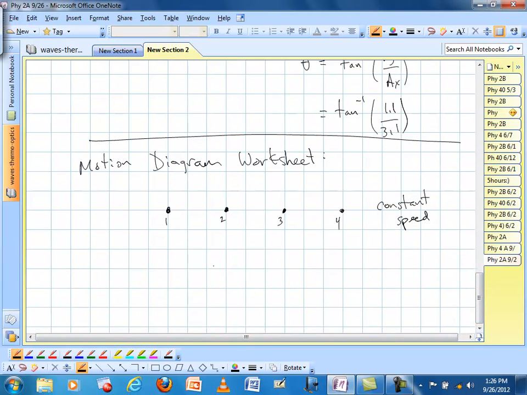And if I were to draw it a little differently, what do we know about this object's motion?